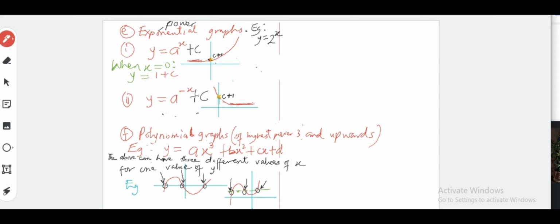Let me just indicate this coordinate. How do I indicate it? I think I might have to zoom in to write it properly.